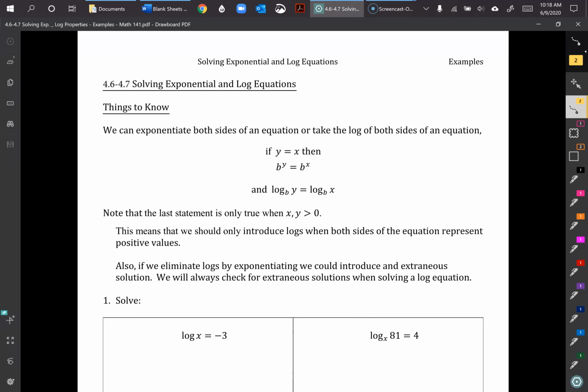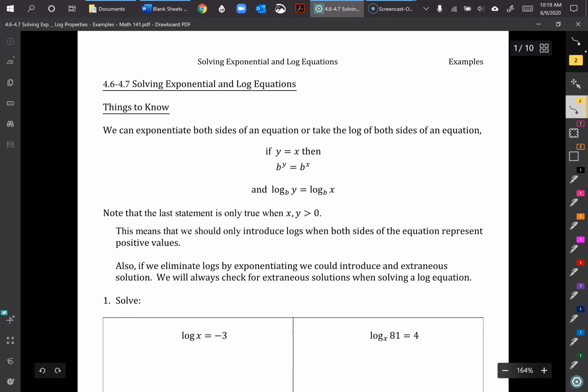This means we should only introduce logs when both sides of the equation represent positive values. Also, if we eliminate logs by exponentiating, we could introduce an extraneous solution. We will always check for extraneous solutions when solving a log equation.